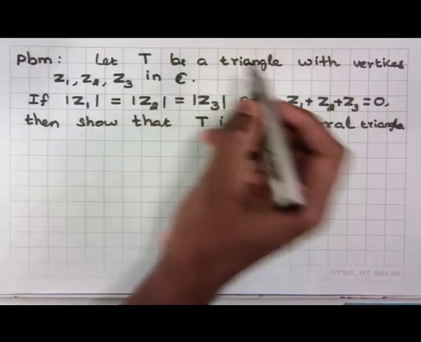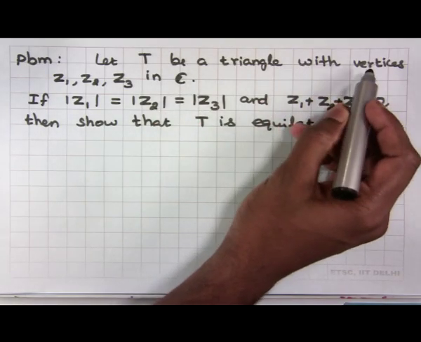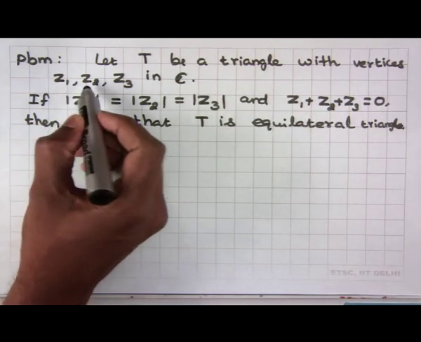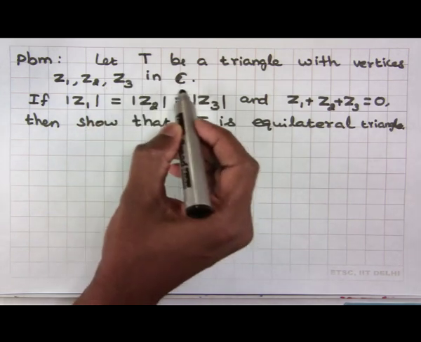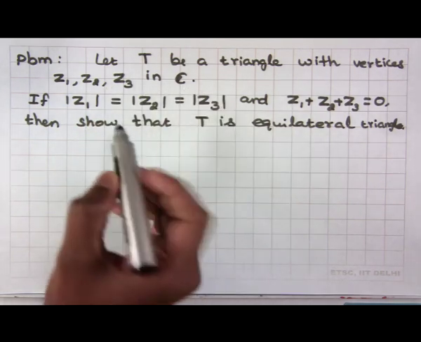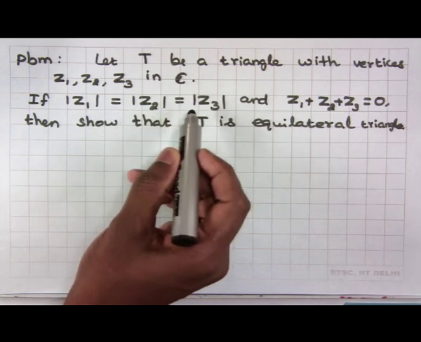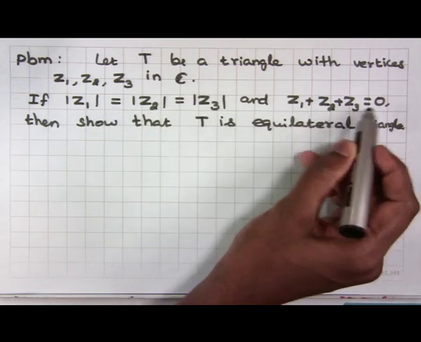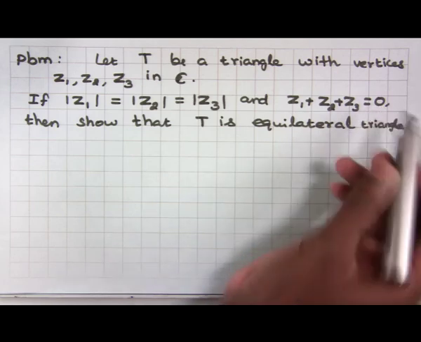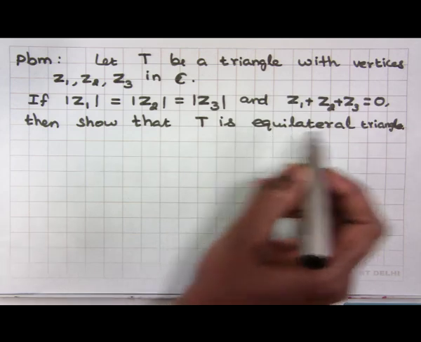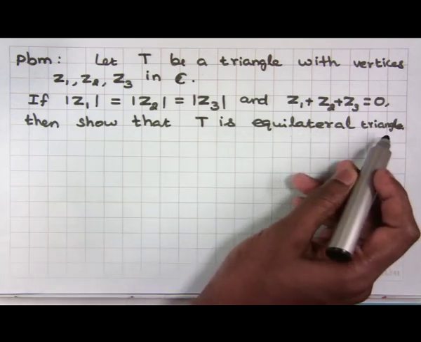Let T be a triangle with vertices, let us call them Z1, Z2, Z3 in the complex numbers, with the property that their modulus are equal and their sum is 0. Then we have to show that T is an equilateral triangle.